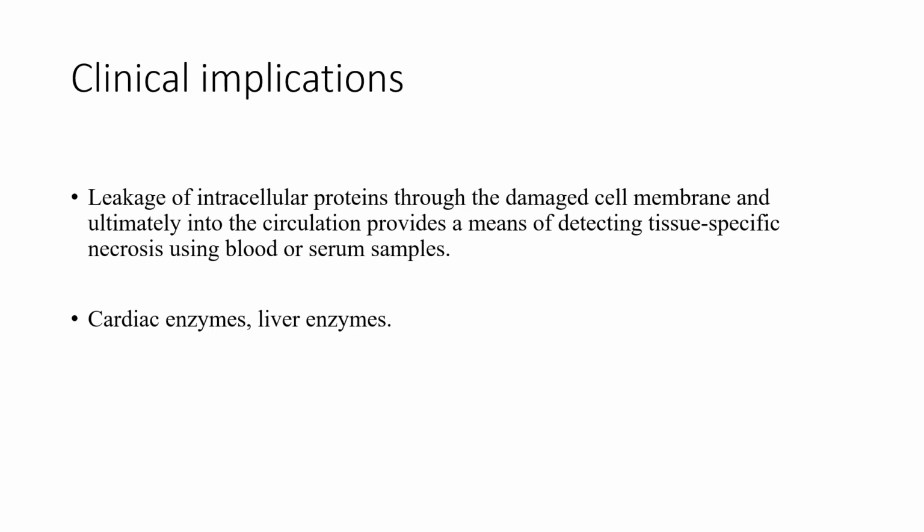Because we said that in the irreversible injury the cell will die and the integrity of the cell membrane is lost، وكل شيء داخل الخلية من إنزيمات وبروتينات بيطلع للأوتسايد. These enzymes could enter into the circulation يعني تدخل للبلد وبالتالي we can measure the presence of these enzymes in the blood.